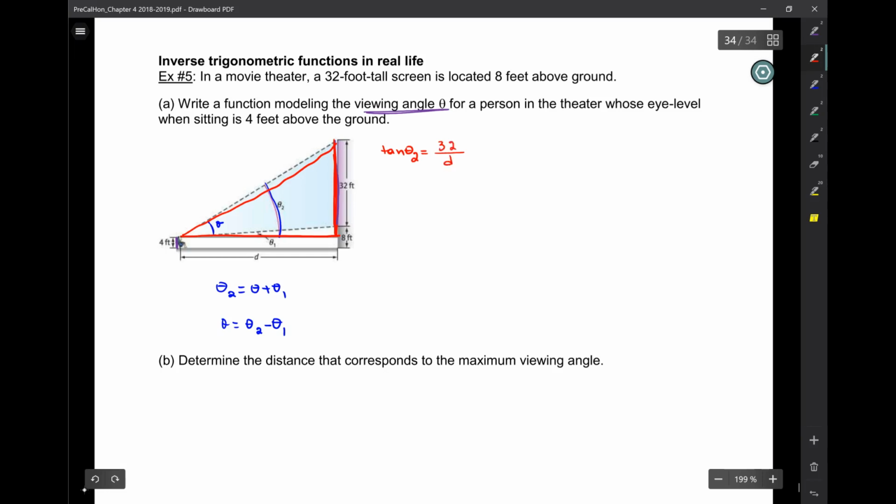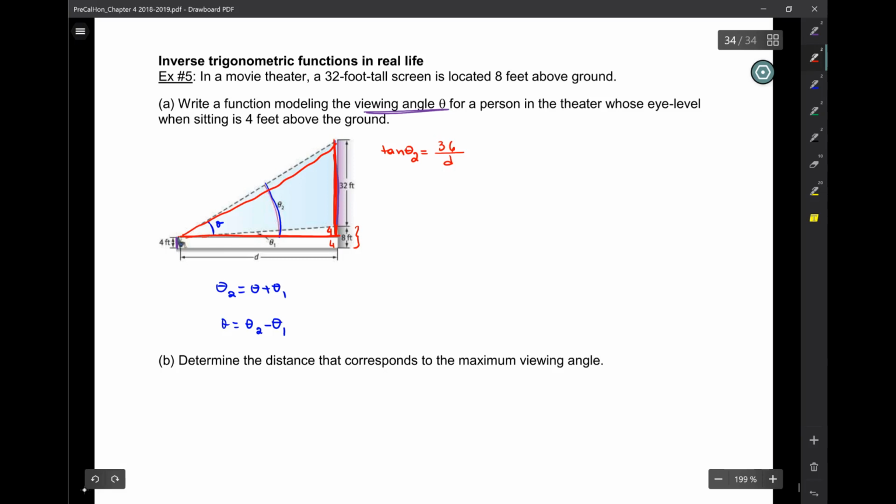That's 32 over, I'm sorry, no, that's not 32. It's 36 over D, because this part here is 8. You're sitting at 4 feet, so this is 4 and that is 4.